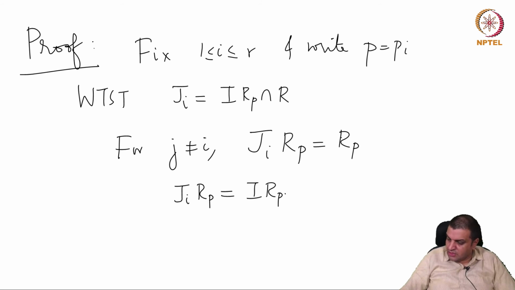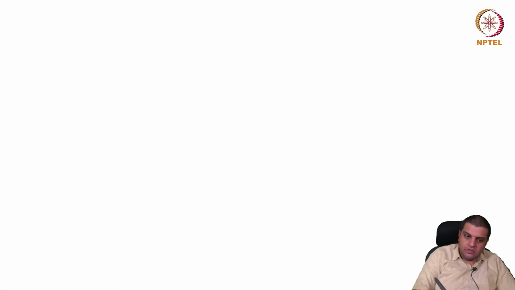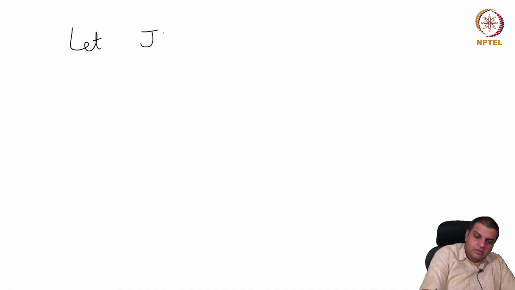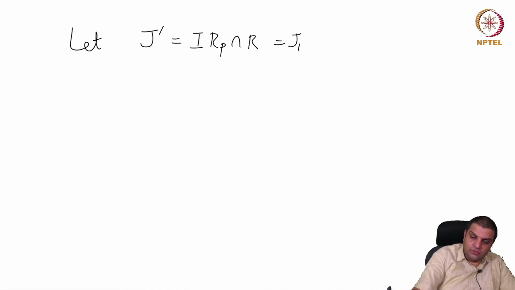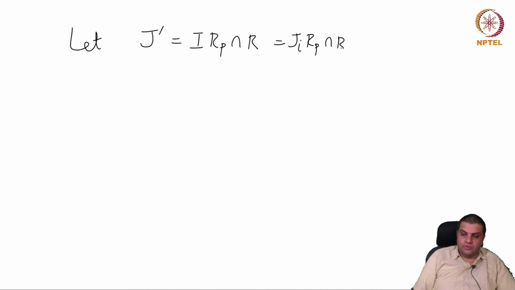Okay, so now when we contract it back, we might get a bigger ideal. So let J prime be I R localized at P contracted to R, which is also J R_P contracted to R. Now, in principle this could be bigger than Ji.